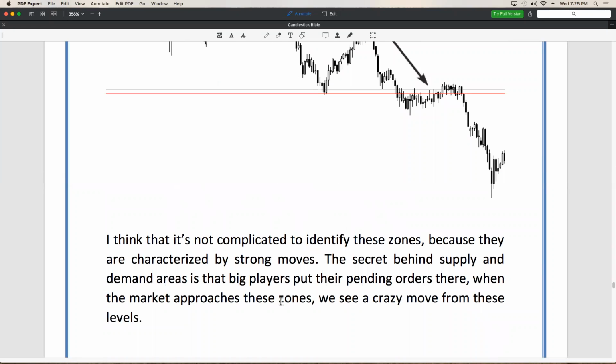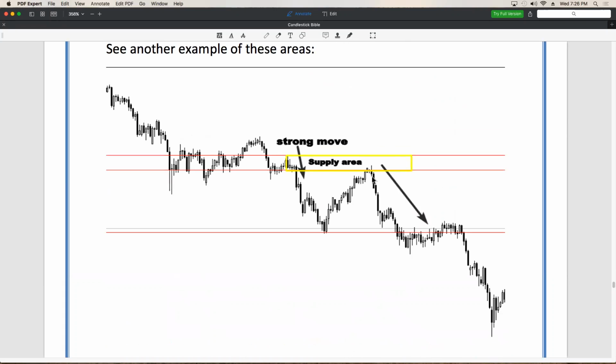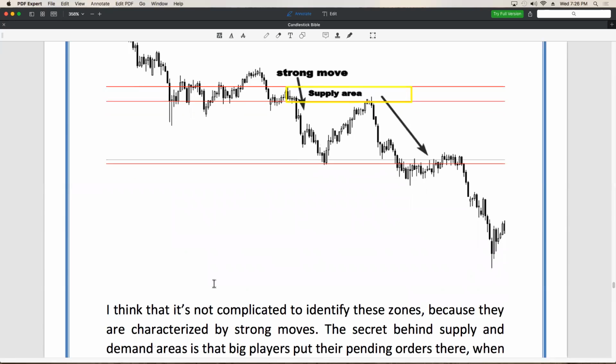So when the market approaches these zones, we see crazy moves from these levels. They're at the same level. And to me, that's a 100% retrace. People be like, man, wait till after the retrace when it hits this supply area. We putting all them sell stops down here. That's some good wisdom.